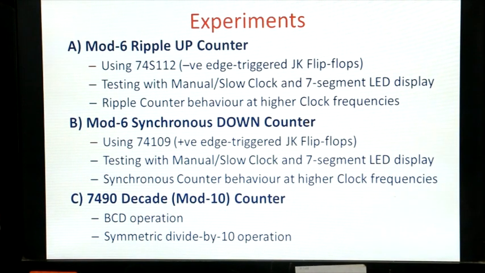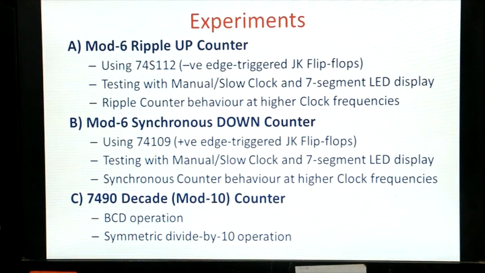The second experiment will be a mode 6 synchronous down counter. This time we will be using a 74109, which is a positive edge triggered JK flip-flop. Mind you, this is a synchronous counter and it's a down counter. We would look at the problem statement, design it accordingly, and show you the final circuit diagram.